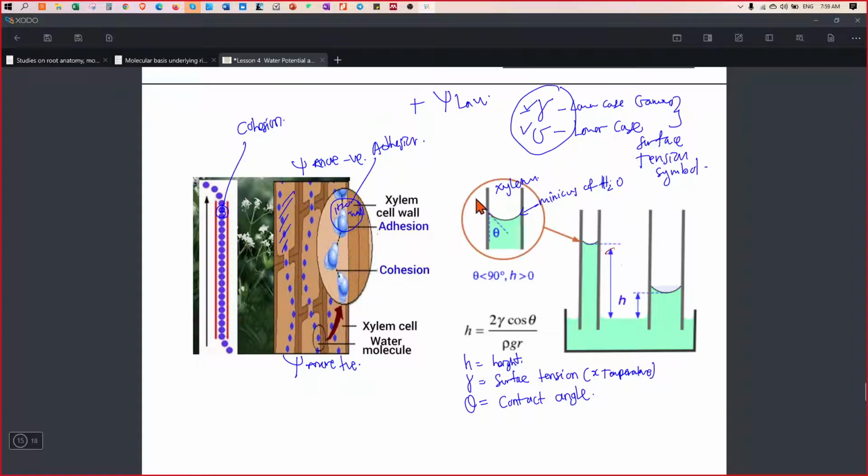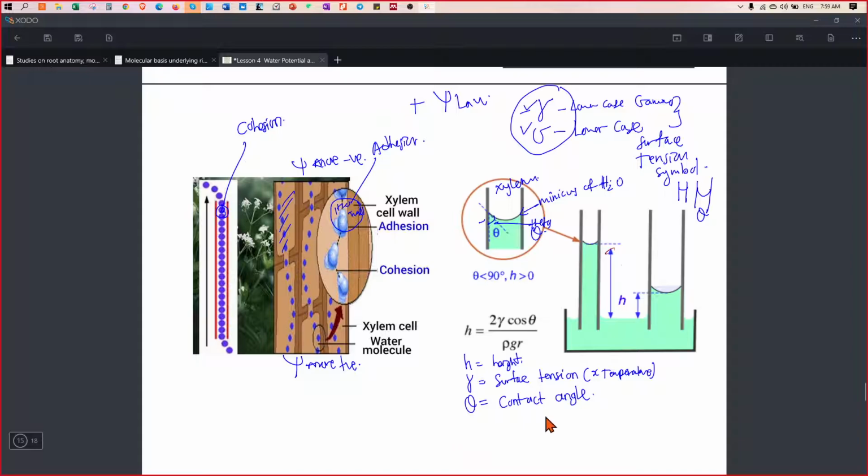The angle here, in between the water meniscus and the xylem cell wall, is your theta. This is the contact angle. Depending on the curvature of the meniscus, sometimes the meniscus can be almost flat, sometimes very curvy. This will have an impact on theta, the contact angle.